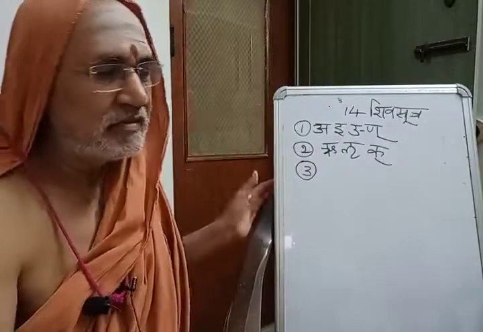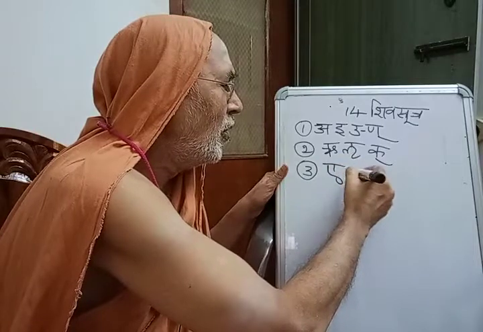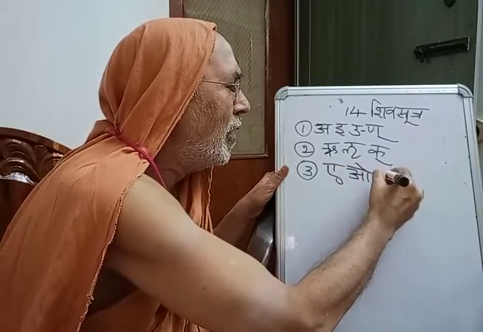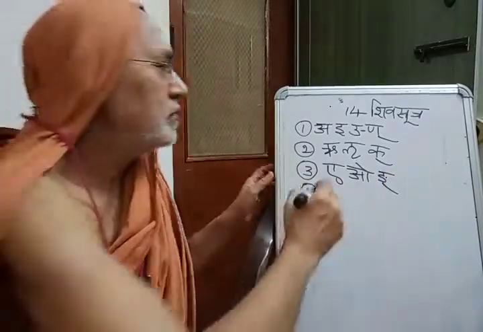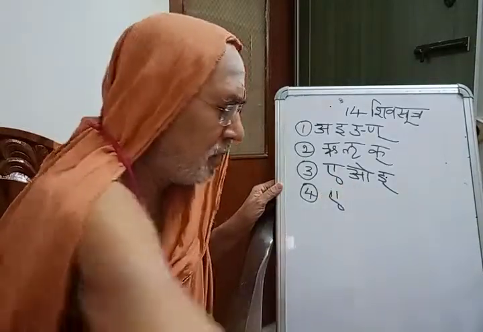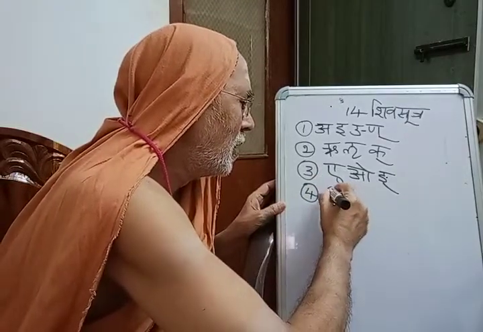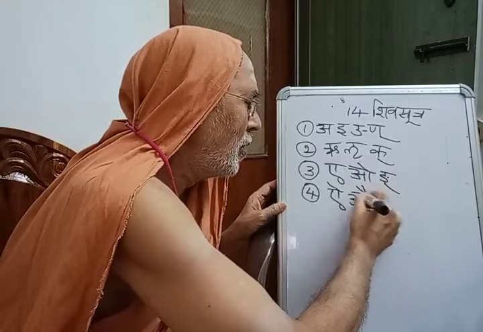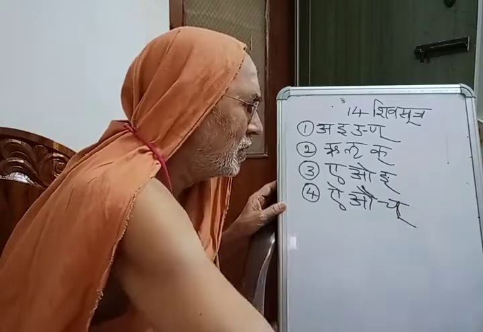This is the second sutra. A, Ong. A, O, Nga. I, Au, Cha.